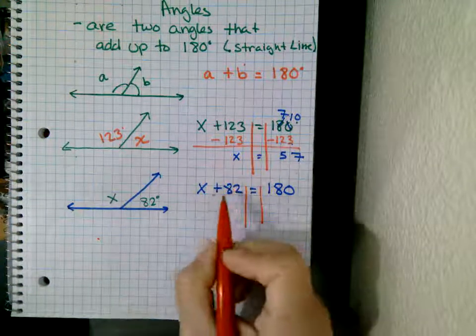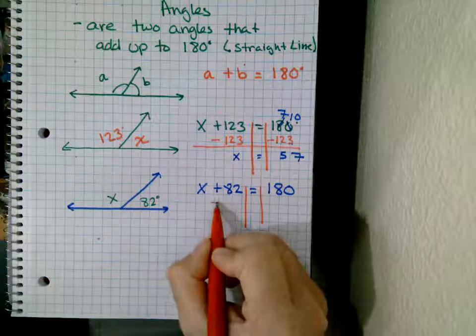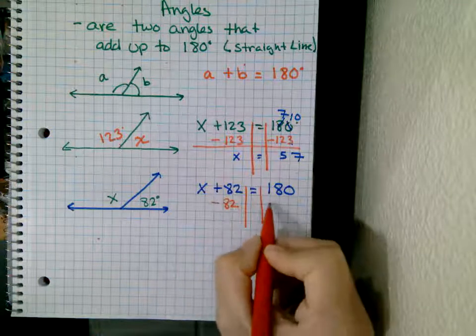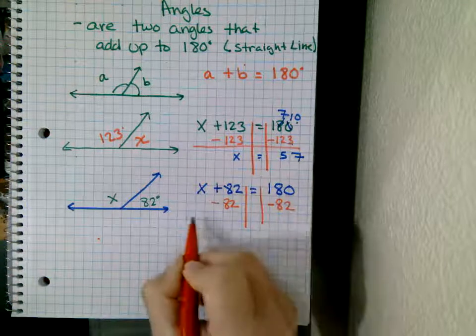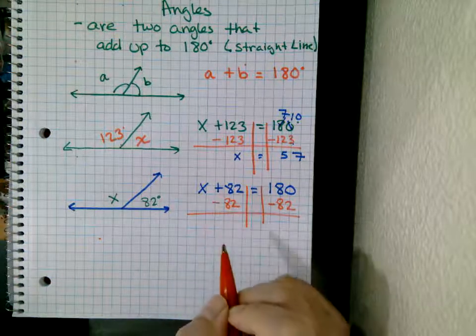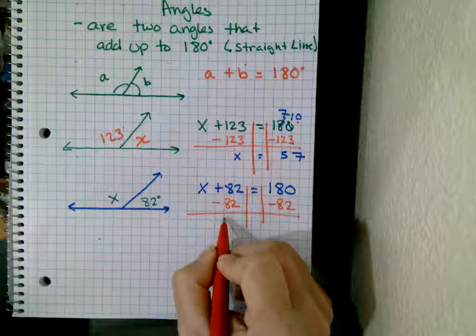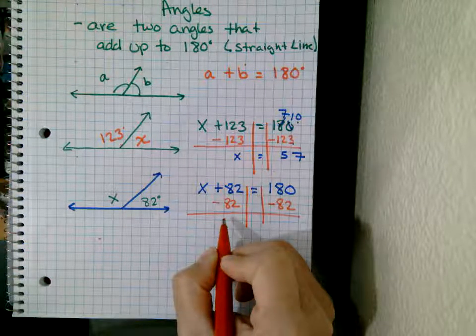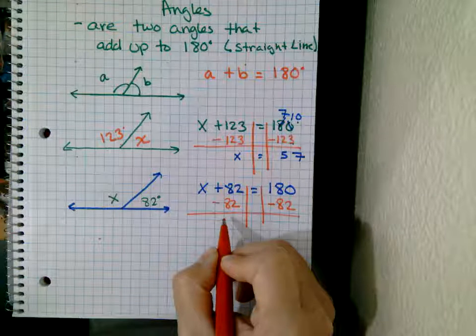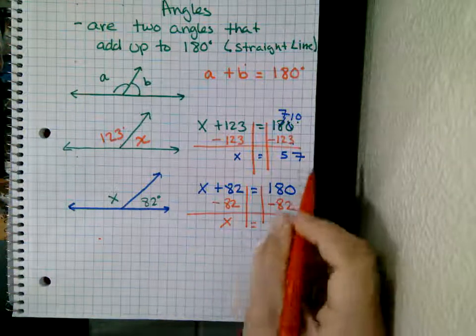It says here plus 82, so we're going to subtract 82 from both sides. Why? Because we want x. So we just have x by itself.